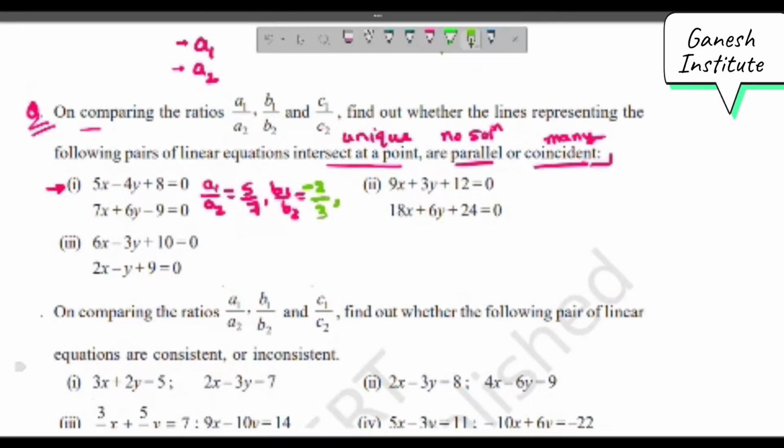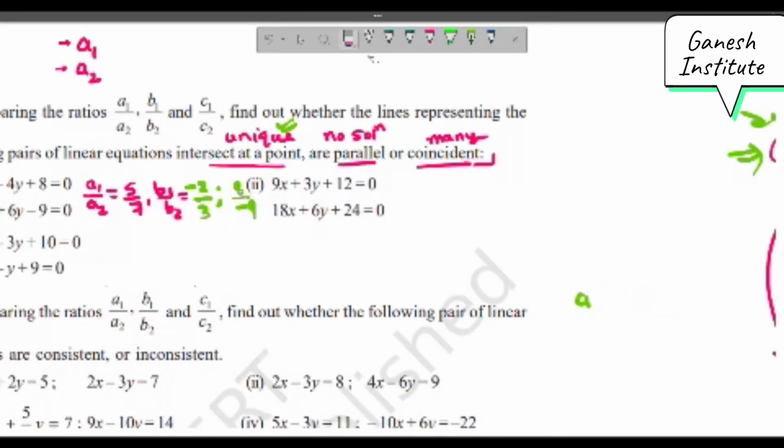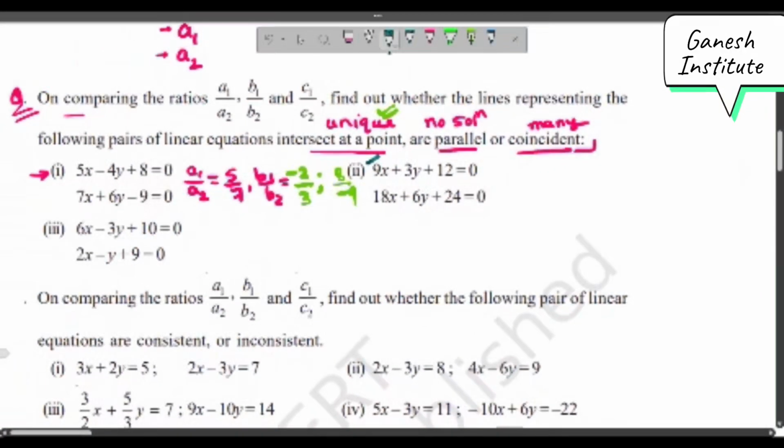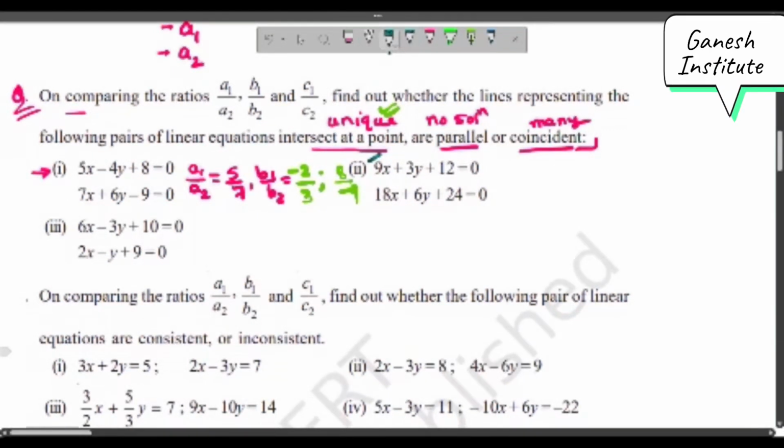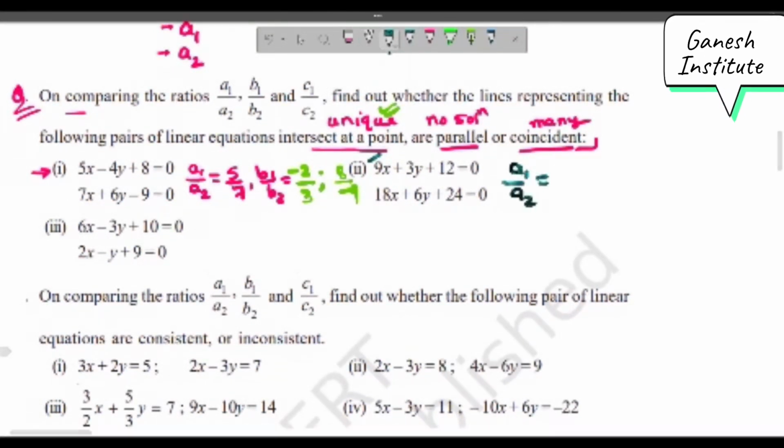And C1 over C2 is 8/-9, which would make this intersect. Yes, unique solution, intersected at a point. Then another question. Second one is the 9x, correct? Yes. So the first two, I believe they are coincident.